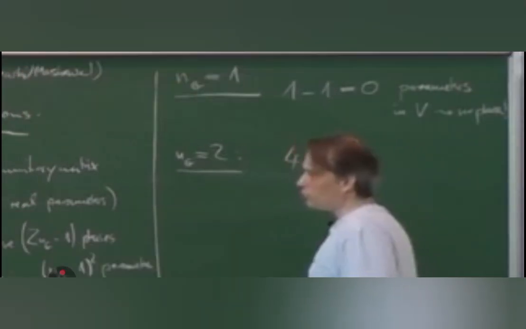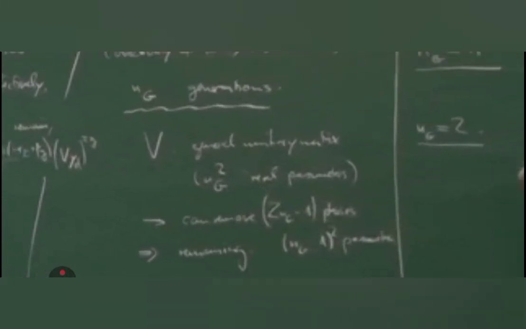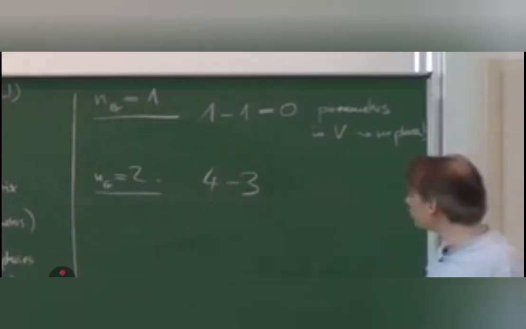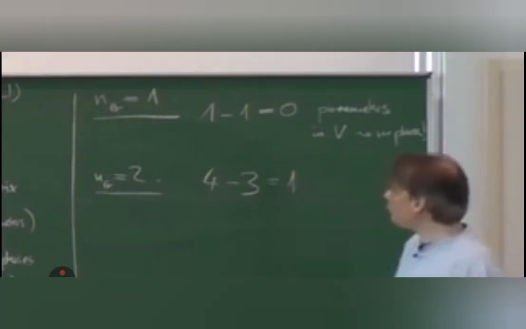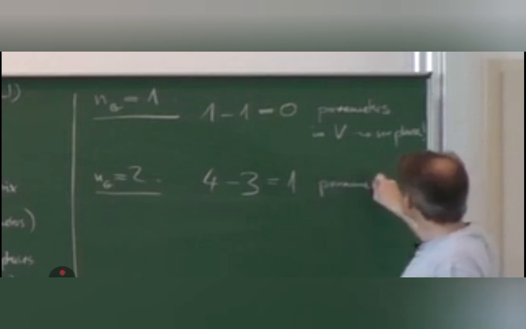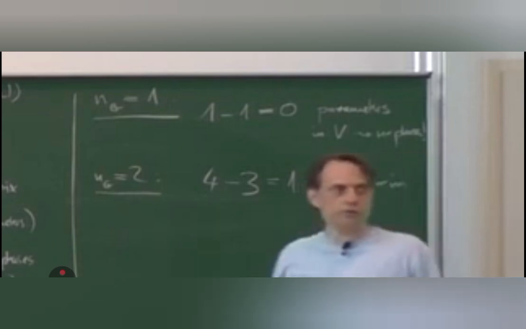And then we have at our disposal 2 alphas and 2 betas, in other words 3 differences. So we can remove 3 phases from our 4-parameter unitary matrix. And so there remains 1 parameter in the CKM matrix after that redefinition.